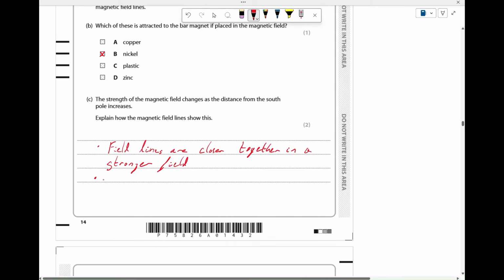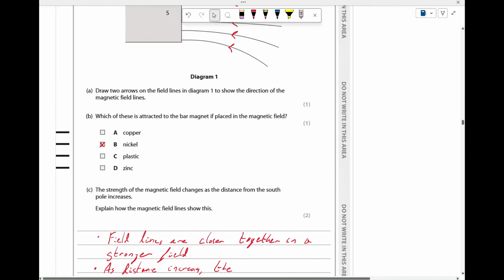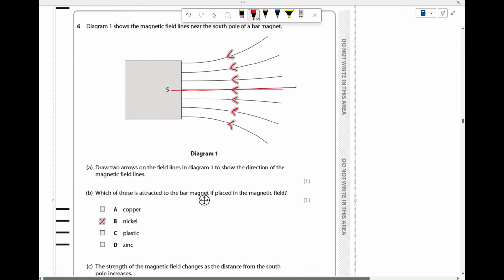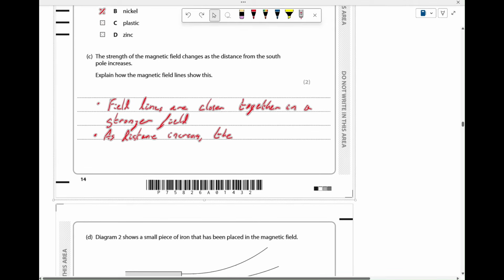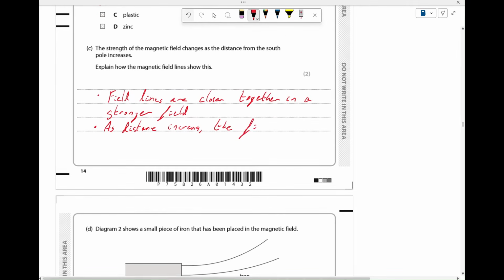Okay, so as distance increases, the field lines, you can see in the diagram, as you get further away as we go this way, the field lines get further apart. So what this means is, as the distance increases, field lines are further apart, so the field is weaker.